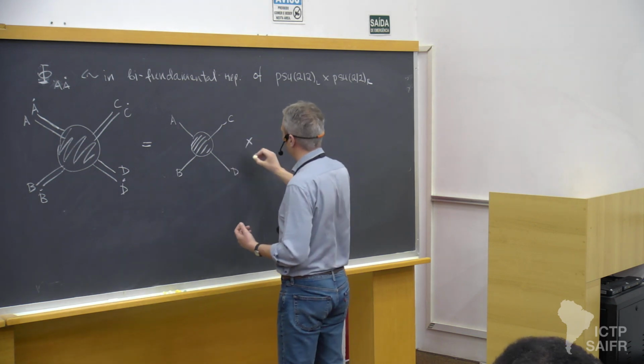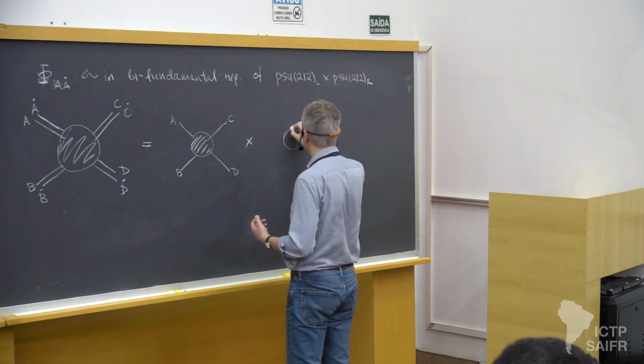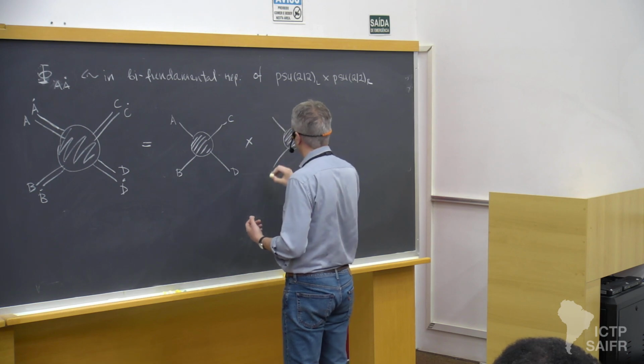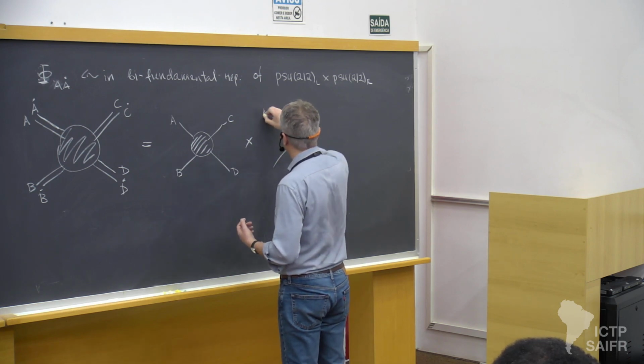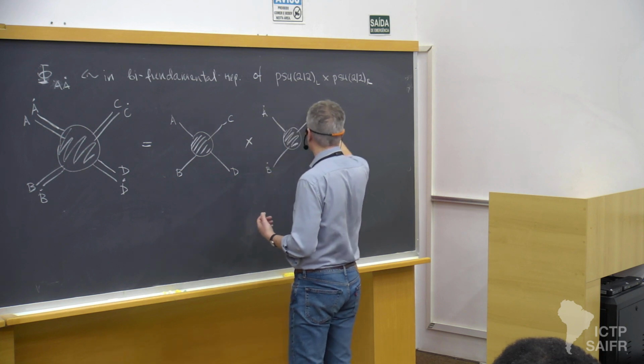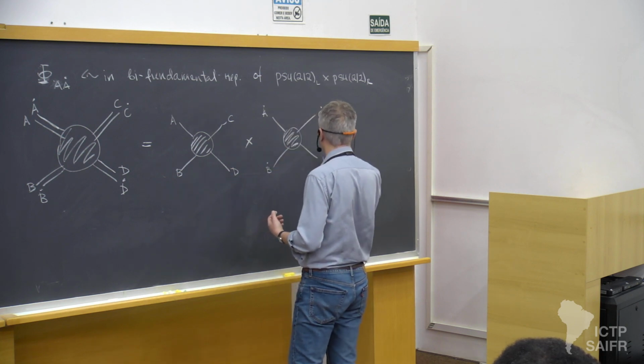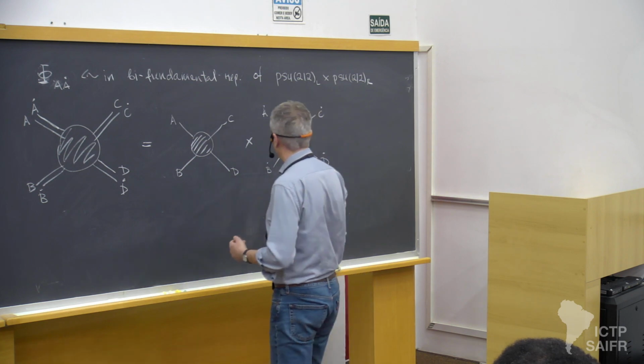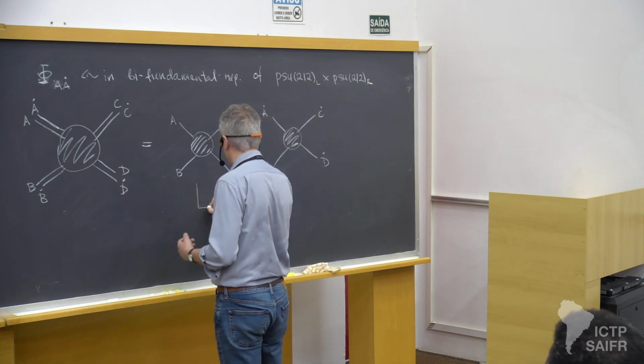So this matrix will be a product of two elementary S matrices.